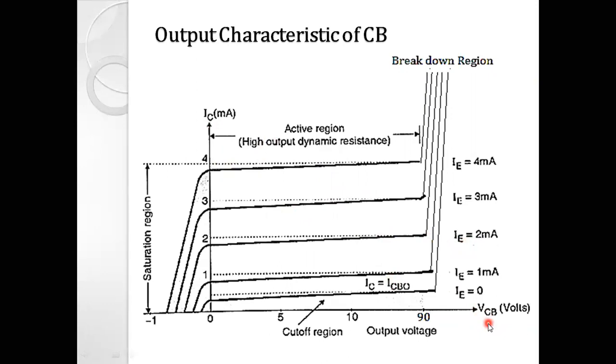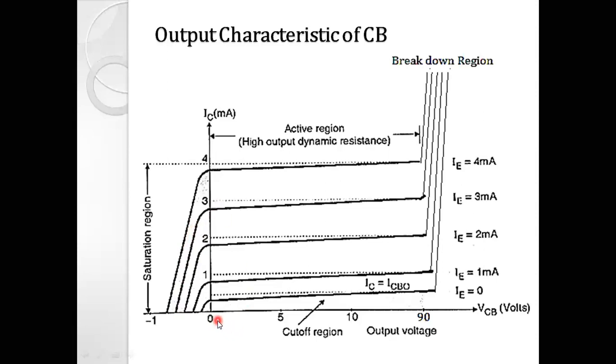So here you can see that when VCB is negative and it tries to reach the zero value, the magnitude of the collector current rapidly increases. But once VCB becomes positive, then the increment in IC is very slow compared to the increment in IC when VCB was negative.